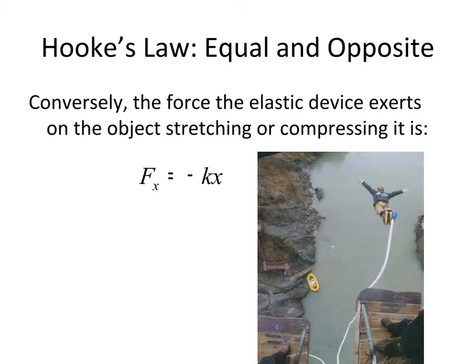So that, you might recall, is something we get from Newton's third law. If I pull on the spring to stretch it, the spring pulls back on me with the same magnitude of force, but in the opposite direction. So that's the indicator of the opposite direction, the negative.